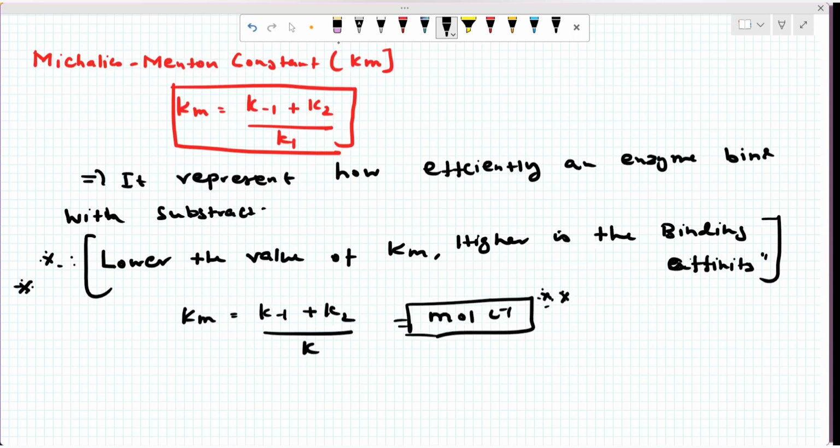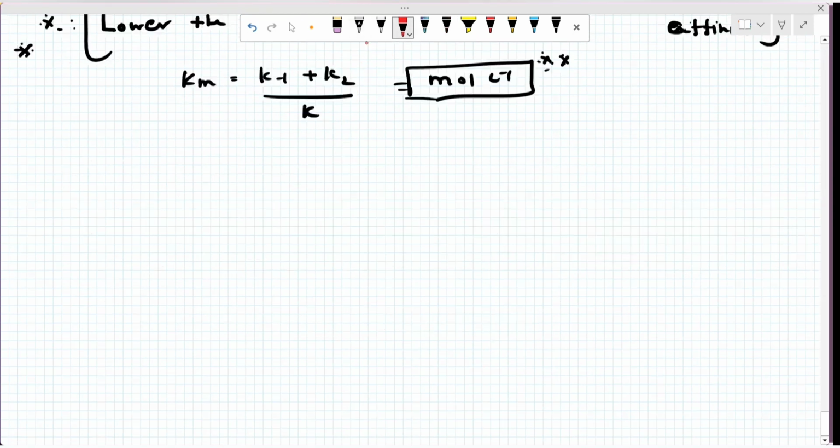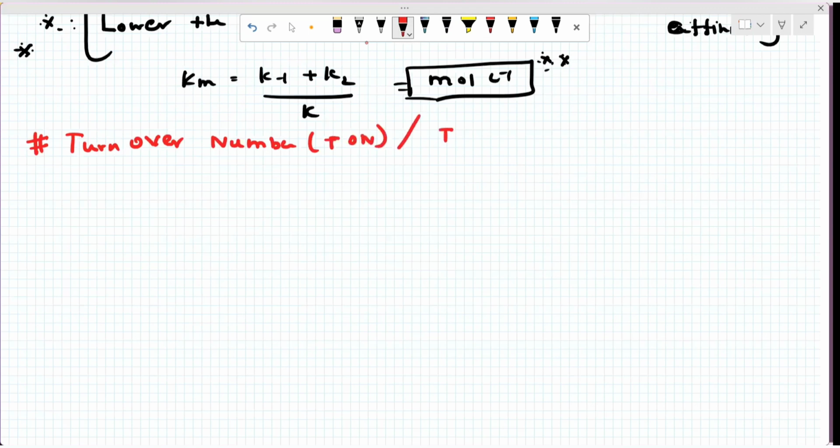Next very important topic, turnover number. What is turnover number? This is very important from the exam point of view. Next topic under this category: turnover number, that is called TON, or turnover frequency.